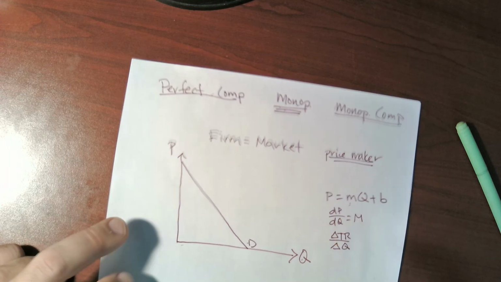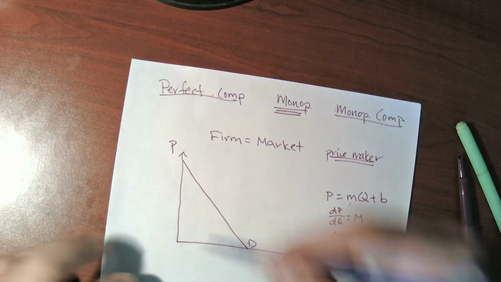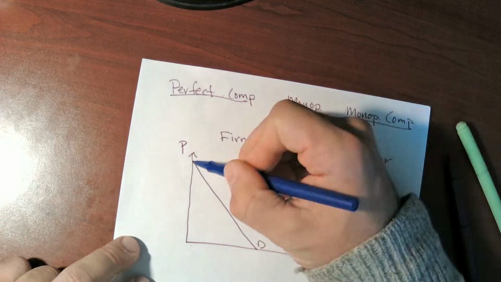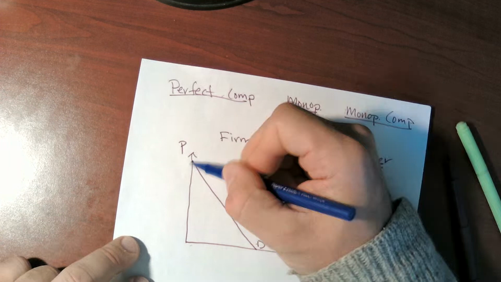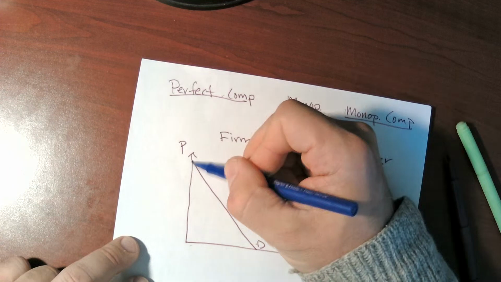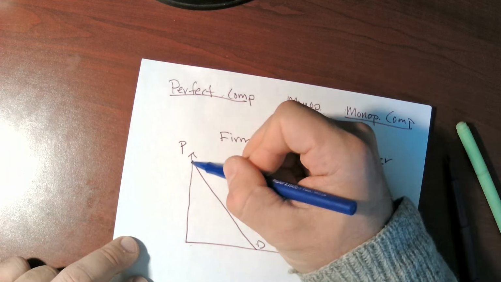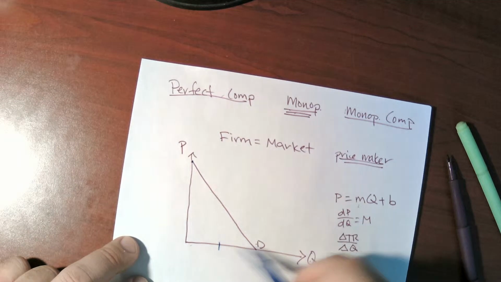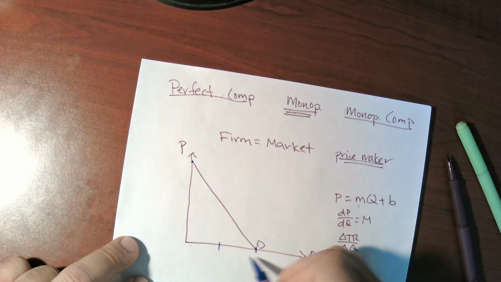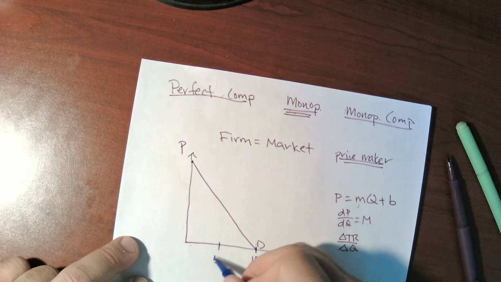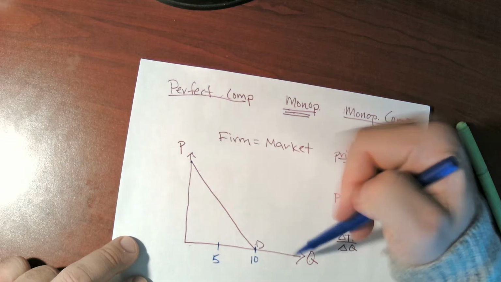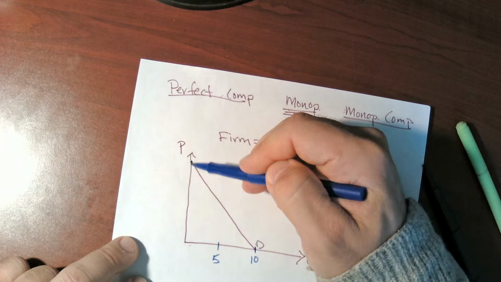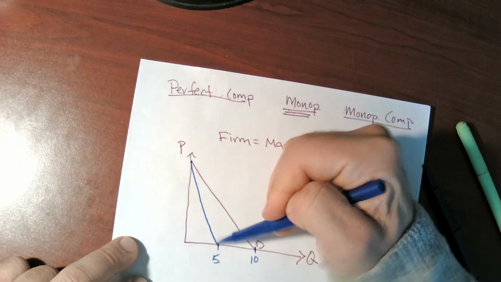And so marginal revenue, without getting into the calculus, I'll just tell you straight up, will start from the same intercept point, and it's going to bisect the quantity axis right in the middle. So if this was, say, 10, it's going to hit at 5. It'll be a straight line too. That's my marginal revenue curve.